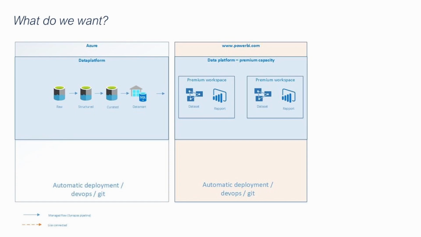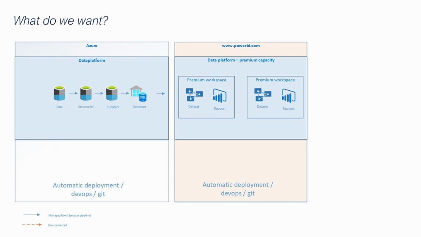On the right-hand side, you see Power BI, but within Power BI I would strongly advise having certain workspaces that are also part of the data platform, which means they're in Premium capacity or Premium per user, both are fine. Within those workspaces, you host analysis services models that are deployed automatically from your DevOps pipeline.